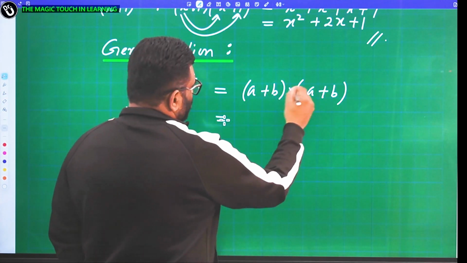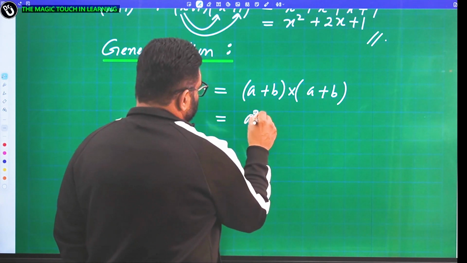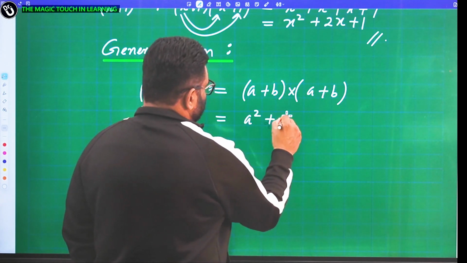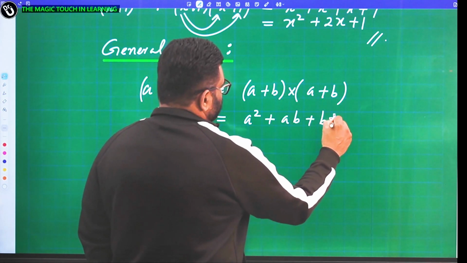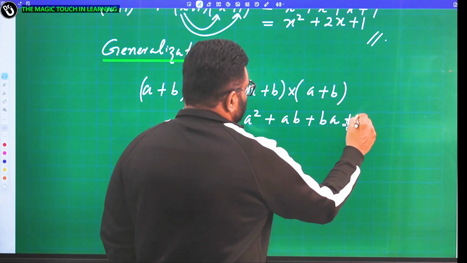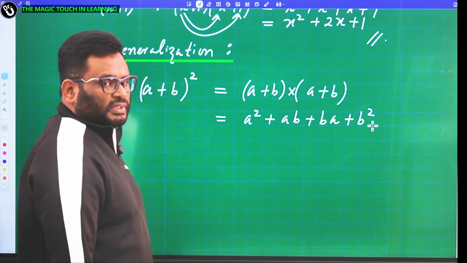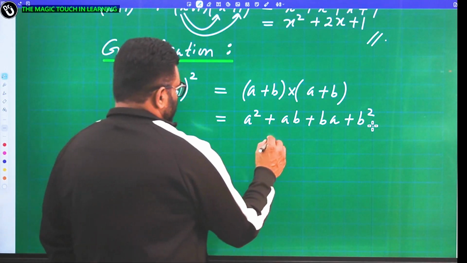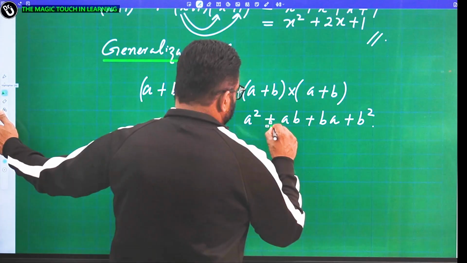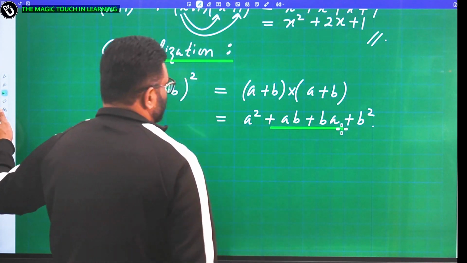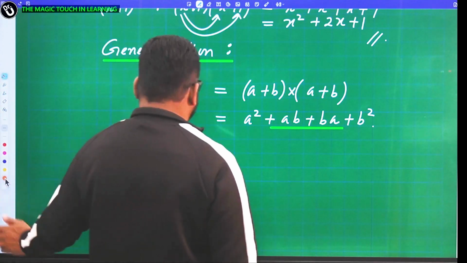If you go term by term, a times a is a squared. A times b is going to be ab. Then b times a is going to be ba. B times b is going to be b squared. Now there is an important thing here, ab, ba. Let's try to understand that.